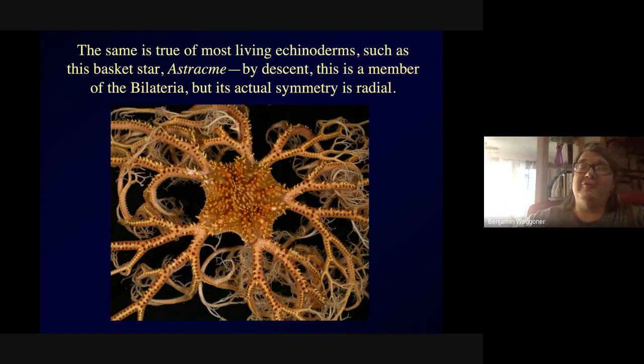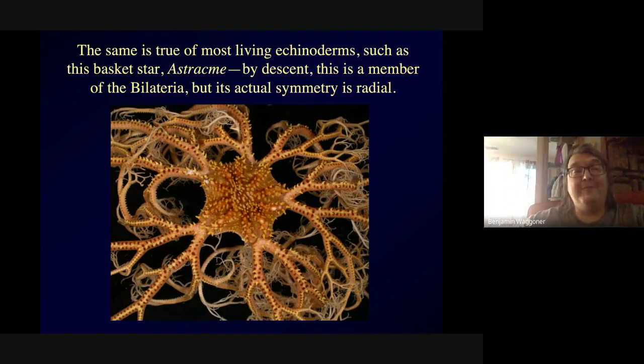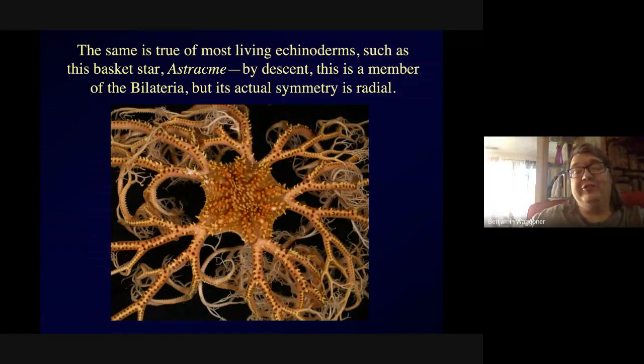This guy is radially symmetrical, but Astracme, this brittle star, feeds by climbing up on something, be it a rock or a soft coral or whatever it is, and extending all of those arms out into a big filter feeding basket. Just letting all of those highly branched arms wave in the breeze, trap food particles, and pass them down to the mouth. So that, again, is the kind of lifestyle where things can come at you from any direction.